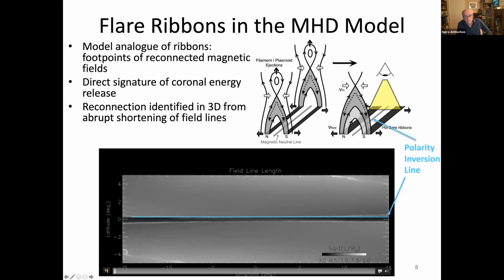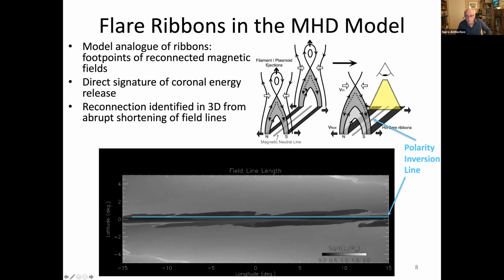What Joel has done, in order to get the analogy to the flare ribbons, is measure the length of the magnetic field lines. And then he says, when the field line shortens, so if you look at the field line here, as it goes to the reconnection region, it shortens, especially when you add in the shear in this direction.